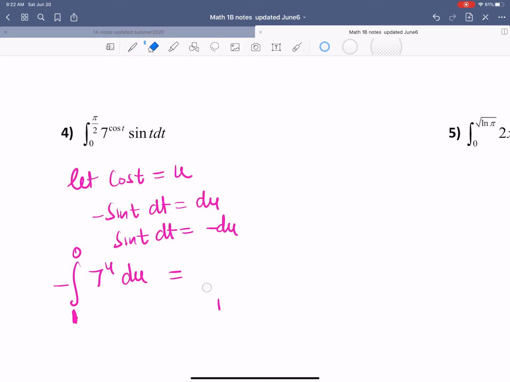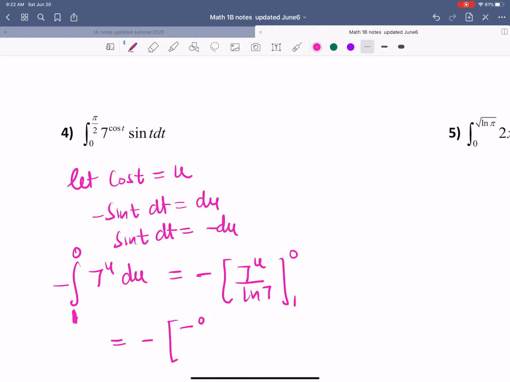Let's just go ahead and do the integration here. So we have negative 7 to the power u over natural log of 7 from 1 to 0, which turns out to be negative. I could flip the bounds and remove the negative. That might help make my life a little easier. 7 to the power 0 over natural log of 7 minus 7 over natural log of 7. 7 to the power 0 is 1.